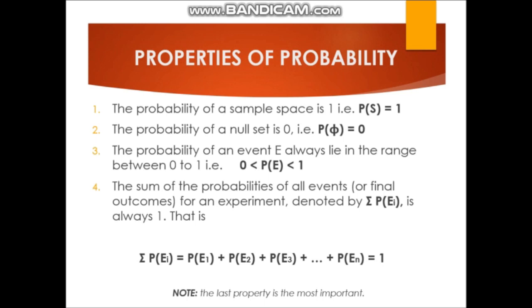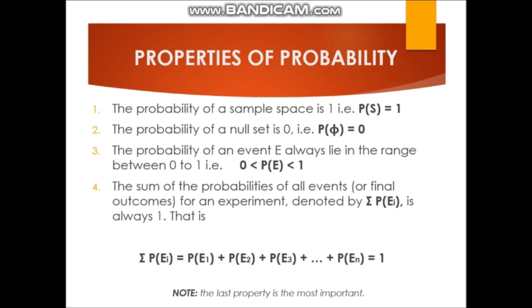Ibig sabihin, once na meron tayong sinolve na problem at inalam natin yung probability nung lahat ng sample space or lahat ng elements sa sample space, kailangan maging equal siya sa 1. Kung hindi siya magiging equal sa 1, ibig sabihin, may mali sa probability of an event.